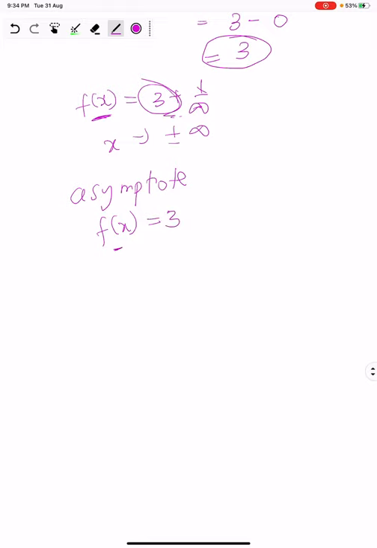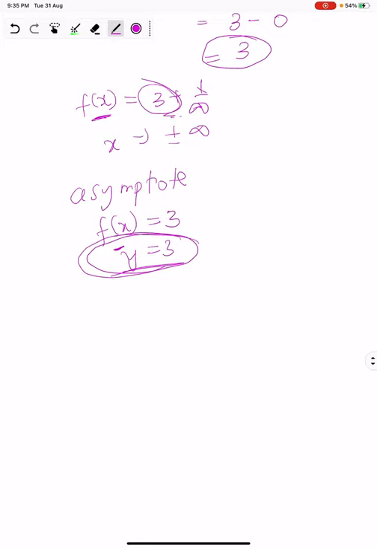Now we use y for f of x, so y is equal to 3. The function approaches the asymptote y equals 3 as x approaches both positive and negative infinity. And since this is a horizontal line, we say that this is the horizontal asymptote.